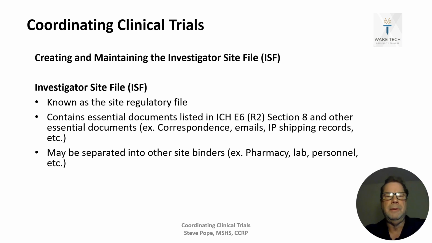It's generally going to be in a 3-ring notebook, very thick, one of these big 3 or 4 inch 3-ring binders, and it's going to contain all of the essential documents that are listed in ICH E6 R2 Section 8 and other essential documents that are not necessarily listed there, such as correspondence from the sponsor, from the study team, also emails, investigational product shipping records, etc. And this may be spread out over several binders.